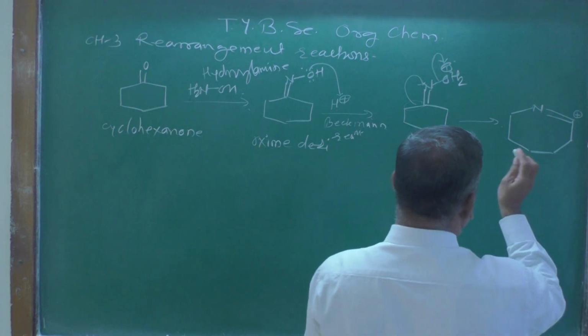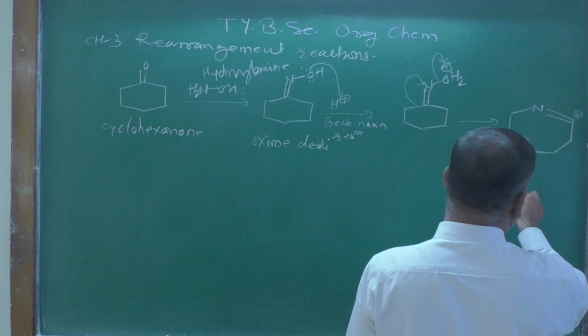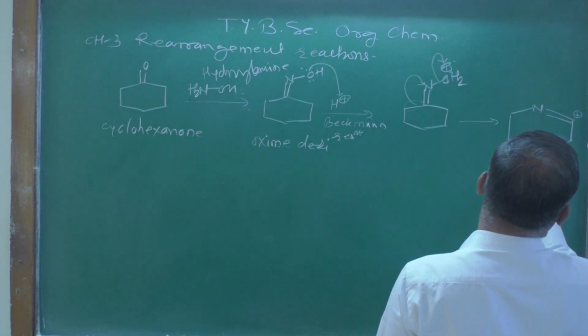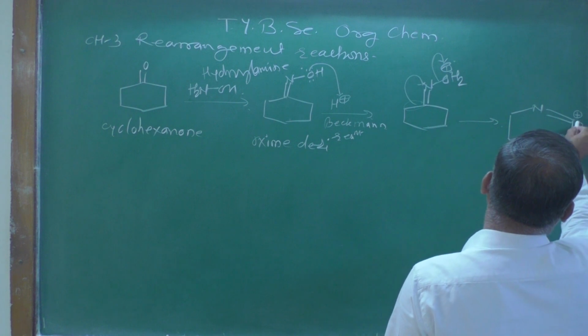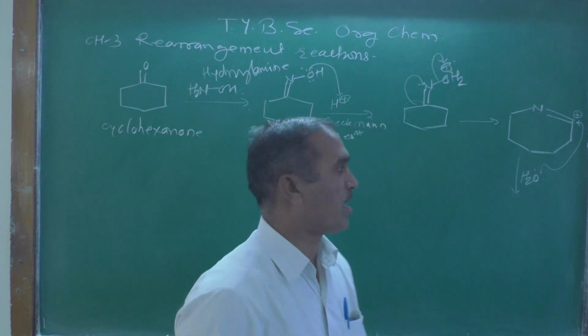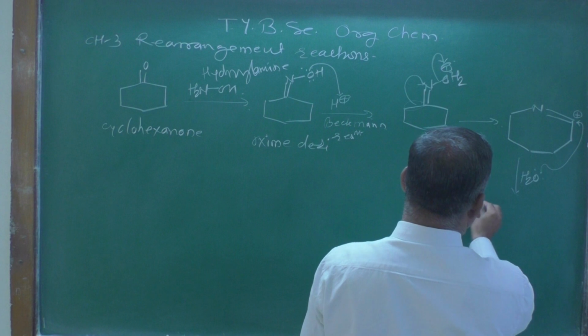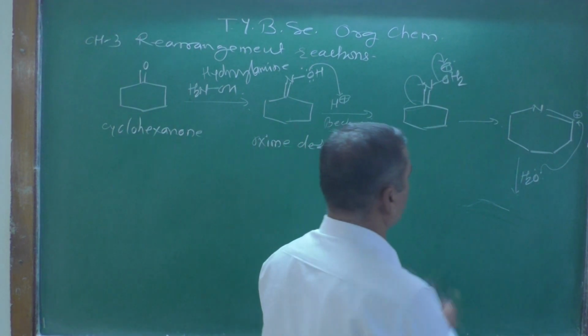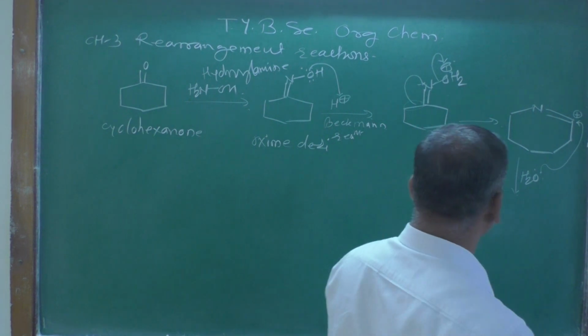Now this intermediate is treated with water, H2O, and this water can attack the carbocation, and the product you will get here is like this.